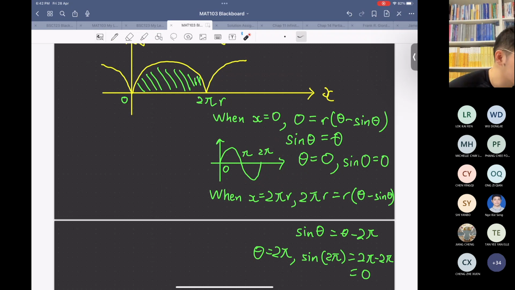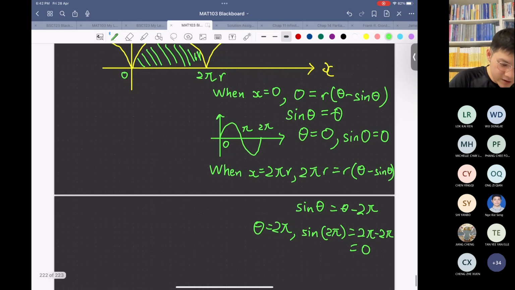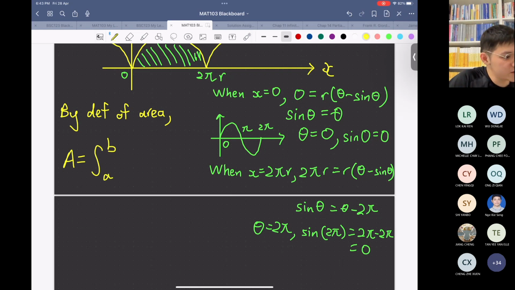What's next? Let's write down what we need. We want to compute by the definition of area. Area equals the integral from A to B, starting point to end point, of g theta f prime theta d theta.